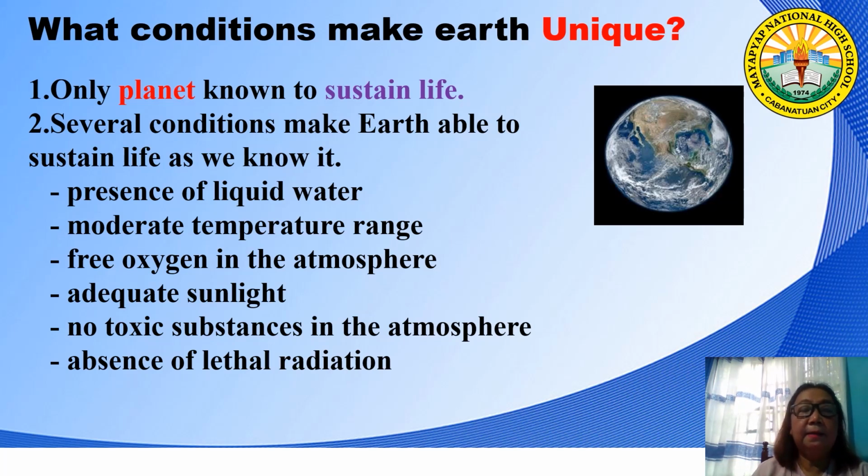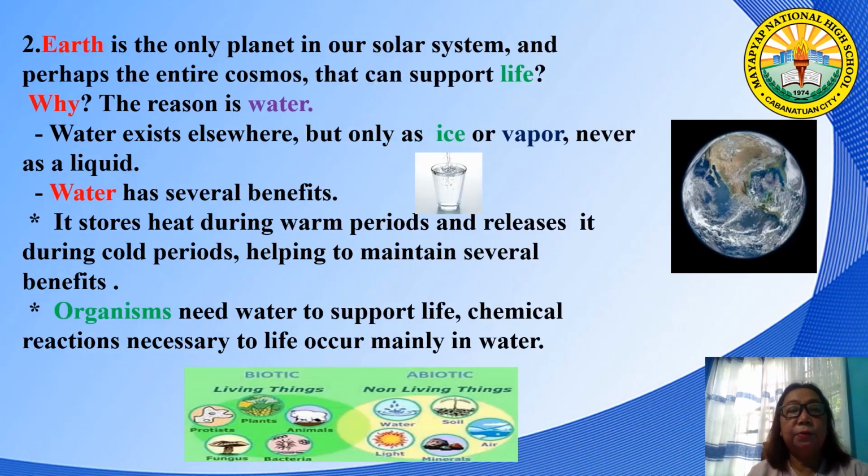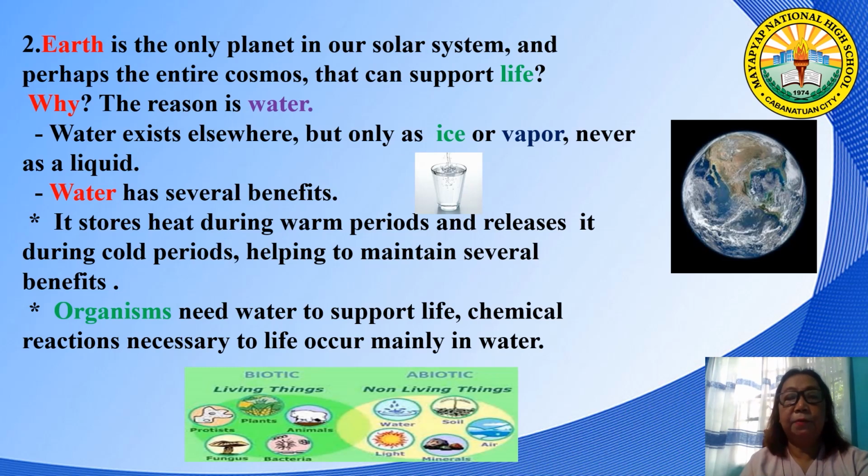Second, several conditions make Earth able to support life as we know it: presence of liquid water, a moderate temperature range, free oxygen in the atmosphere, adequate sunlight, no toxic substances in the atmosphere, and absence of lethal radiation. So Earth is the only planet in our solar system and perhaps the entire cosmos that can support life.